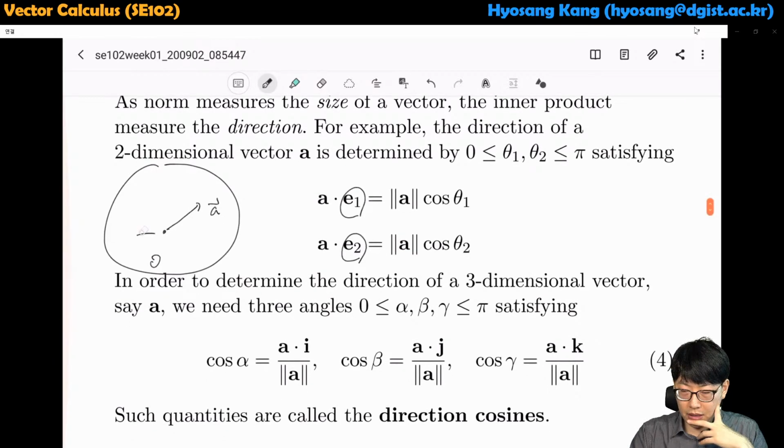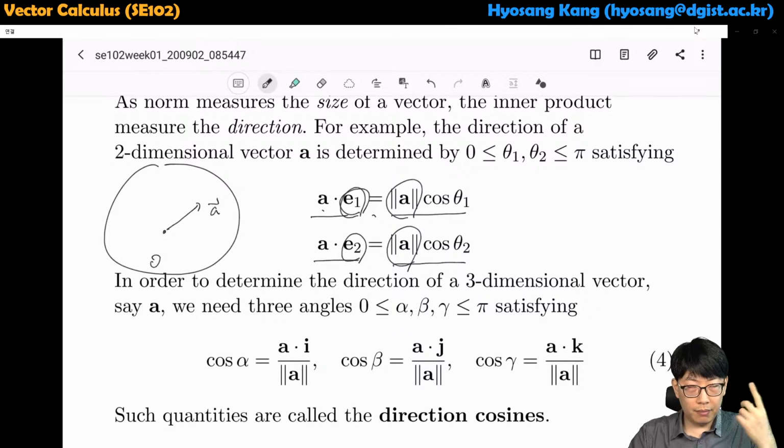But even though the basis vectors E1, E2 are not drawn in this picture, by taking an inner product of A with the basis vectors E1 and E2, I get these values. And if I omit this norm property, suppose that I only know the norm of the vector A, what I get is a cosine value.